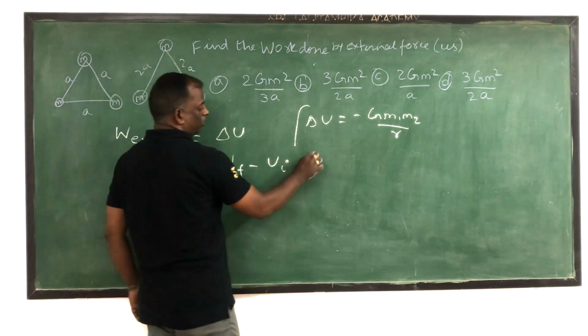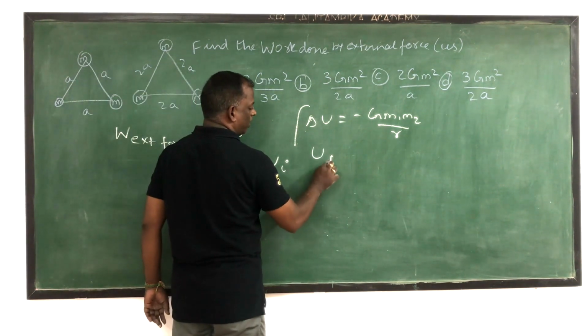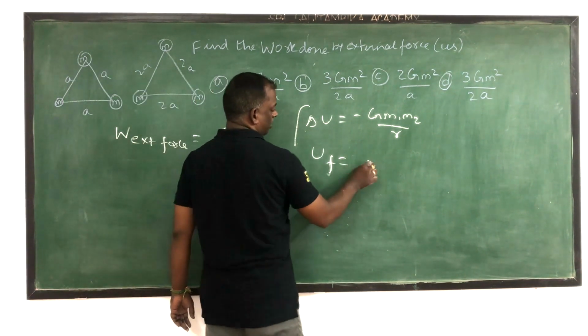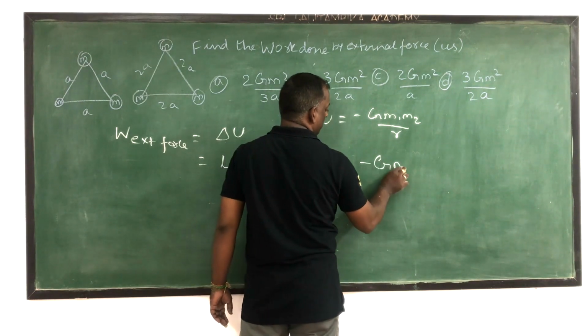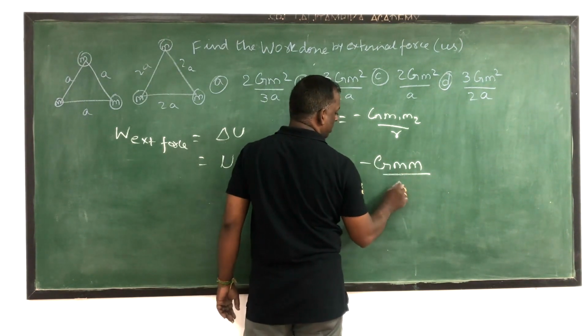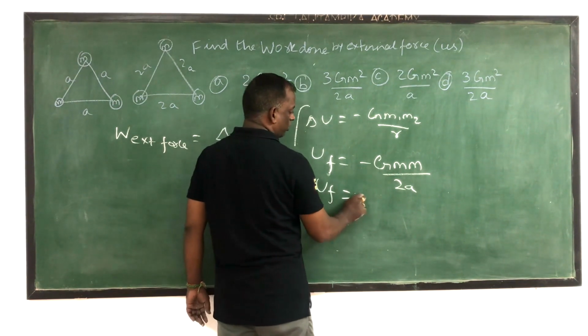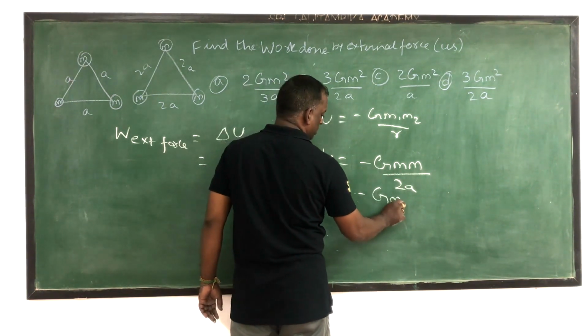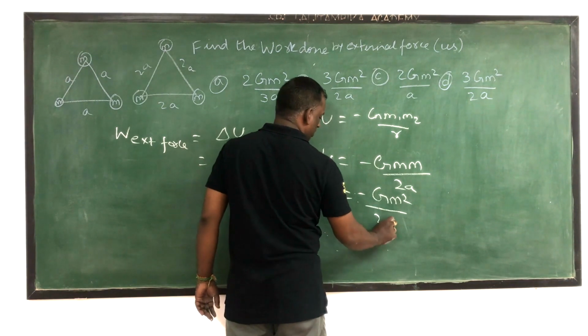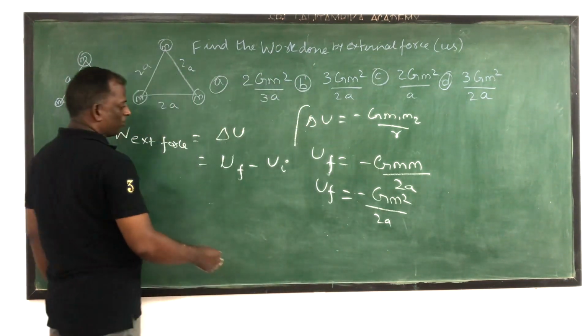So U final னா என்ன அர்த்தம்னா it is minus G m into m by 2a, or we can write Uf is equal to minus G m square by 2a. இப்போ இந்த ஃபார்முலா சப்ஸ்டிட்யூட் பண்ணுவோம்.